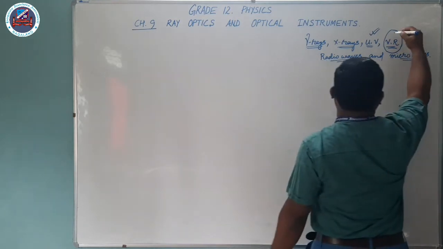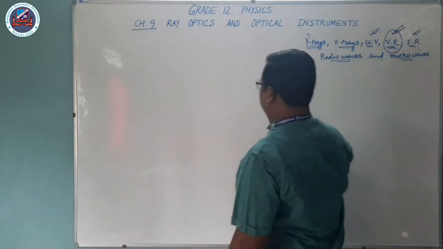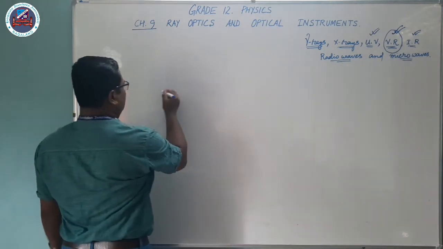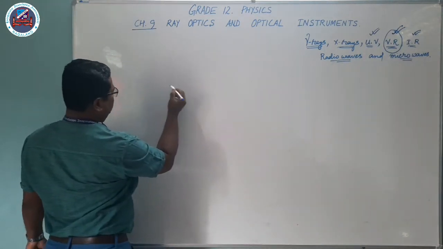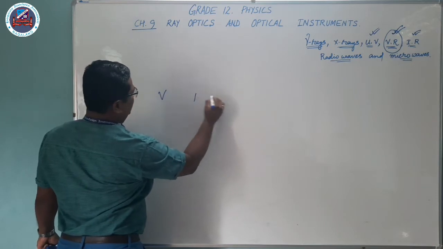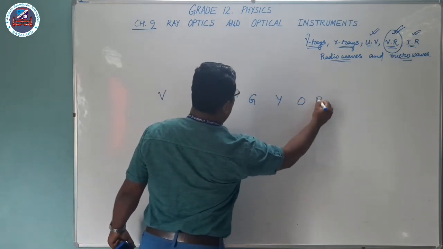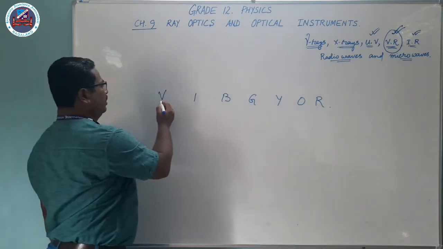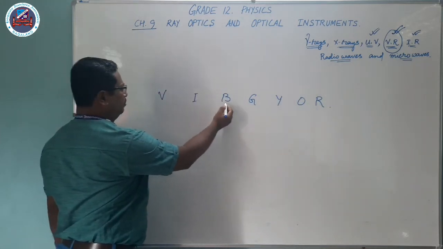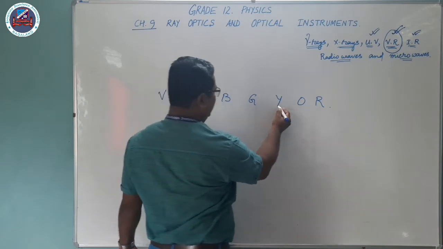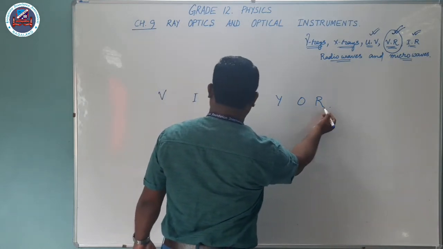Now let us talk about these visible rays, about light. Visible rays come as V, I, B, G, Y, O, R. These 7 colors: violet, indigo, blue, green, yellow, orange and red.